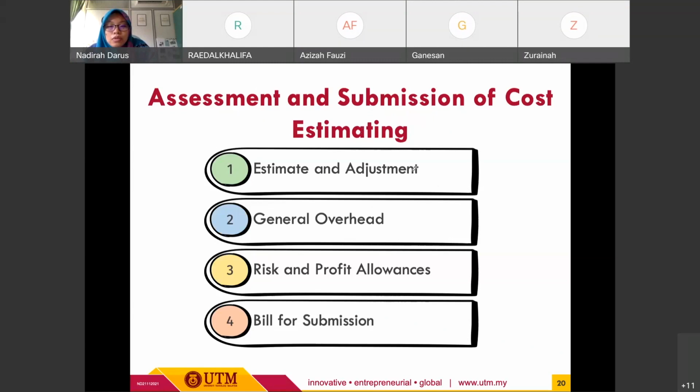They will do the assessment or checking on this estimate and adjustment, then proceed to the general overhead before they submit. They also check for the risk and profit allowances. And at the end, they write the bill for the submission. So for the first one, we try to briefly cover these four.